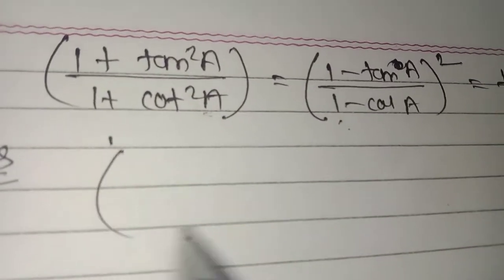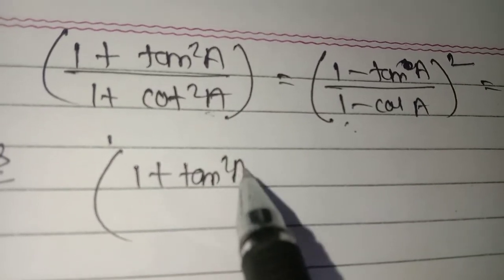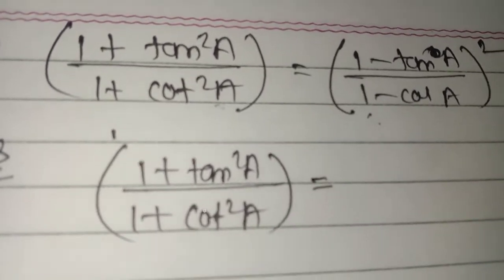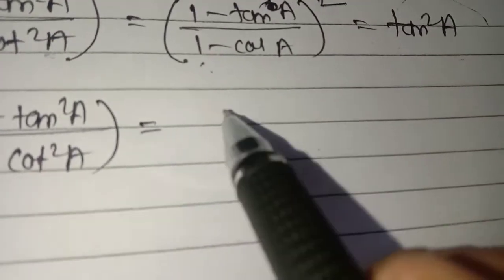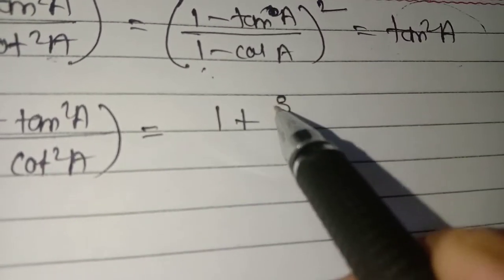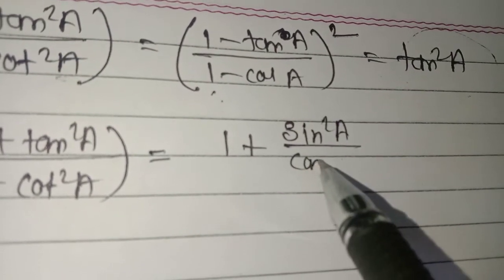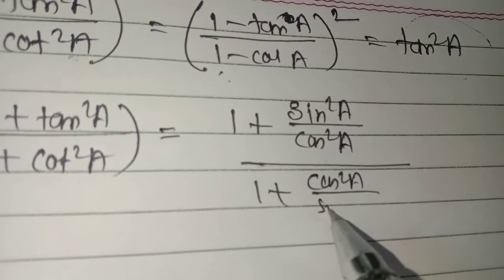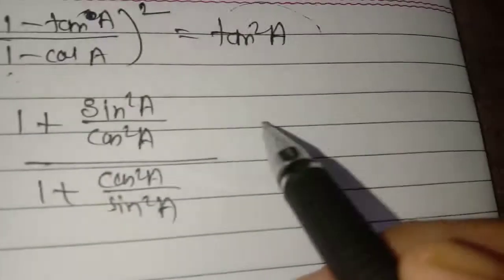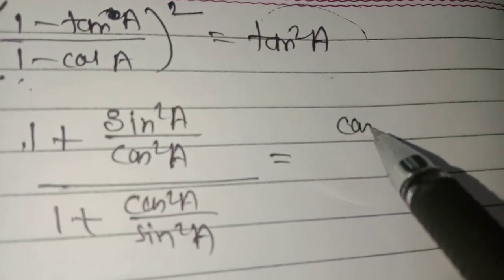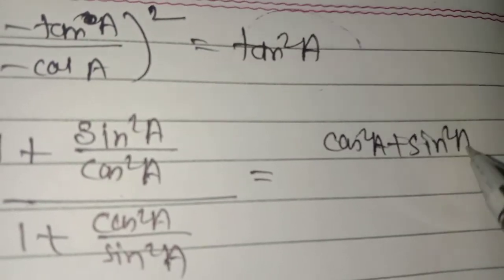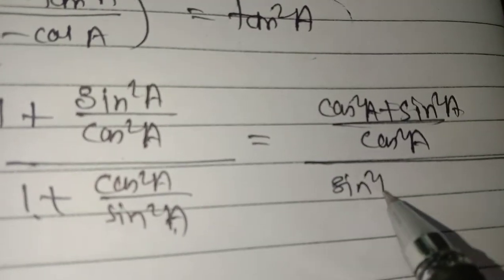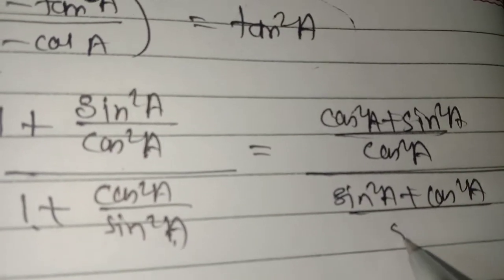It is given as 1 plus tan square A upon 1 plus cot square A. So 1 plus tan square A can be written as 1 plus sin square A upon cos square A, and here it is 1 plus cos square A upon sin square A. So it can be further taken as cross multiplication, (cos square A plus sin square A) upon cos square A, whole upon (sin square A plus cos square A) upon sin square A.